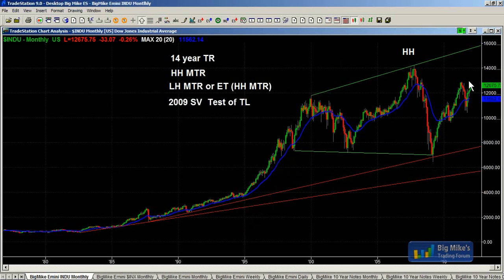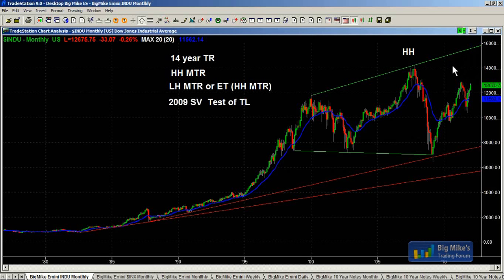Now that we've rallied so high back up into the trading range, I think traders are starting to think that the market may get above the '07 highs and create a new high. If it does, what will happen? I don't know if the market will get all the way up to this trend channel line.